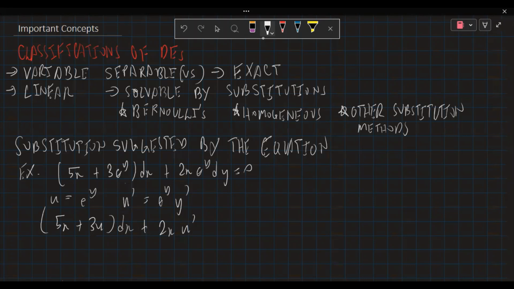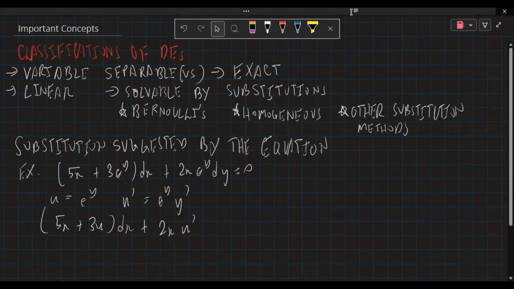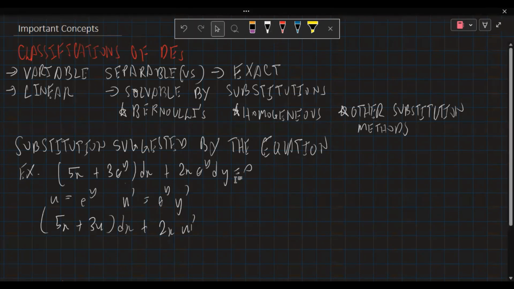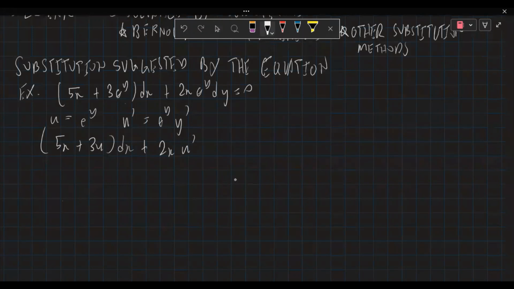Then we divide everything by dx para mawala ito.